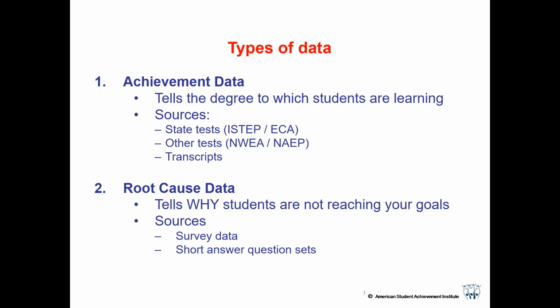So root cause data tells us why students are not reaching your goals. There are going to be two sources that we provide. You may have other sources of data within your school, but we'll look at surveying students about choices that they make, about things that they do to help us understand what's getting in the way of achievement.